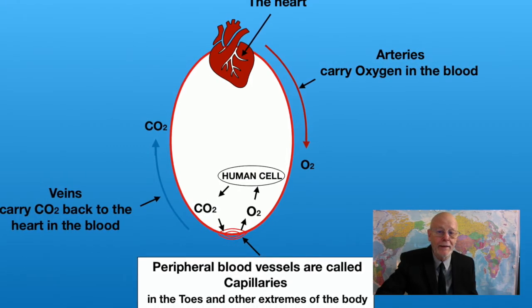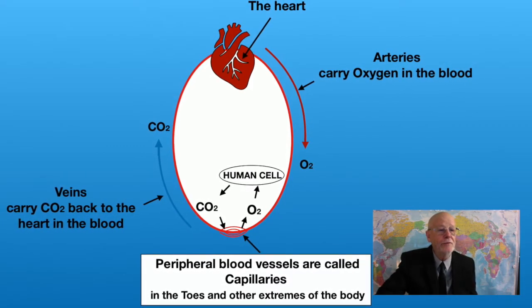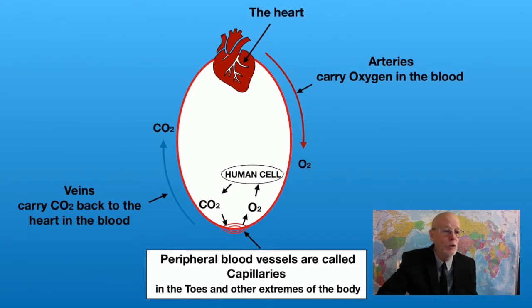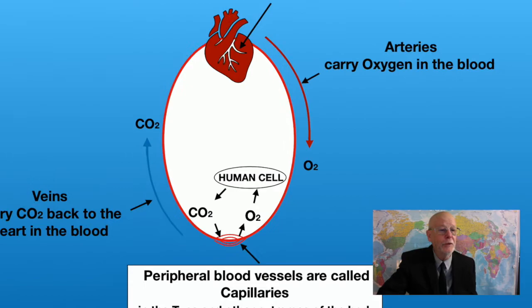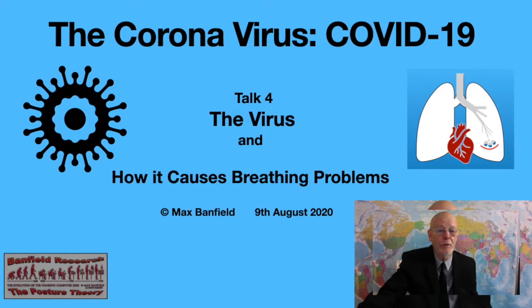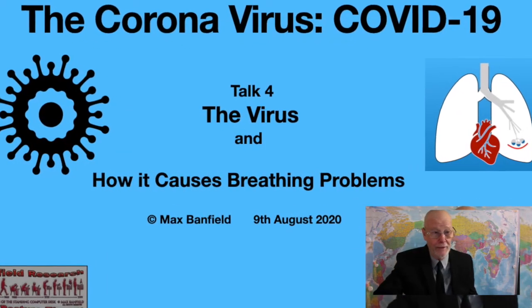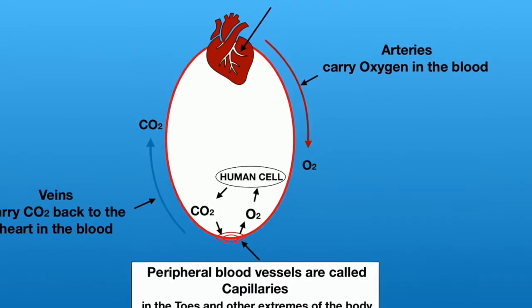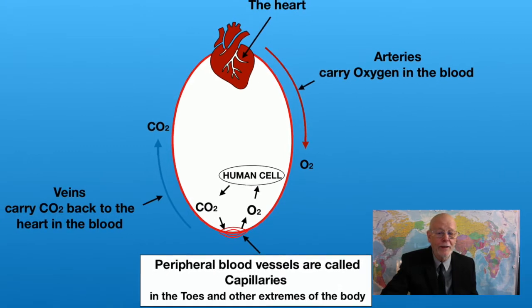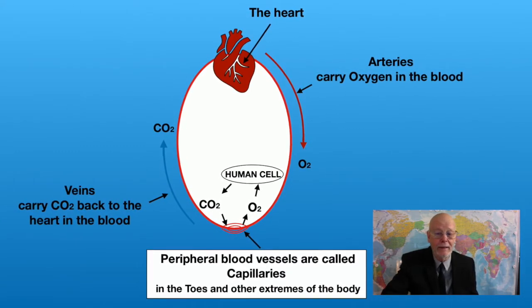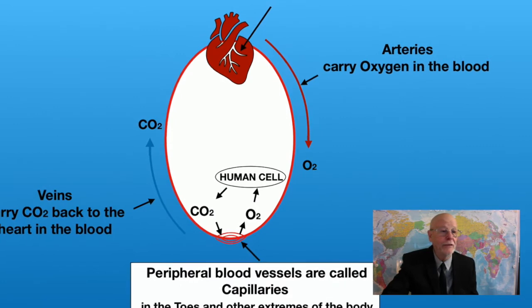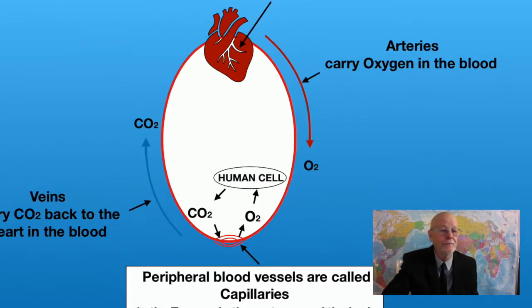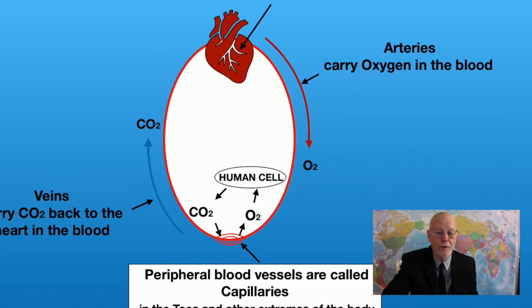The heart pumps it out into a large vessel called the aorta, and then down to smaller arteries called the abdominal arteries, and then down to the leg arteries, and then down to smaller arteries called arterioles, and then down to the toes, where it enters very fine blood vessels, again the capillaries with the thin walls.